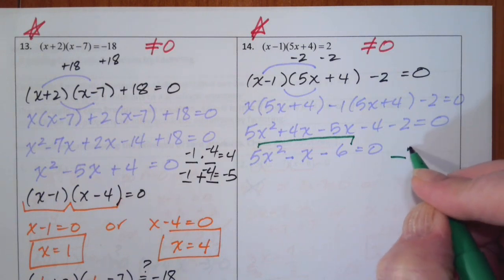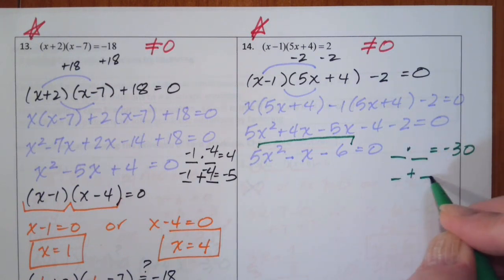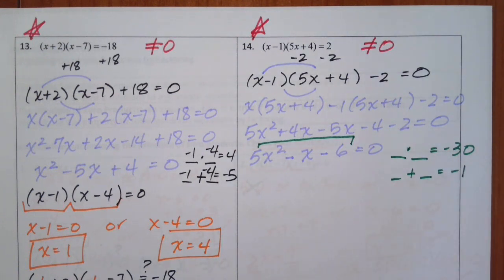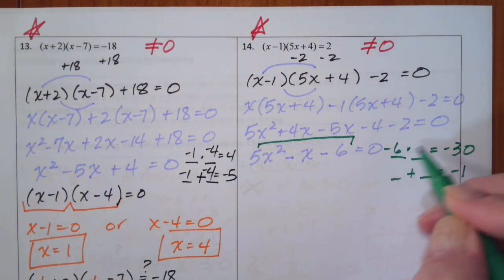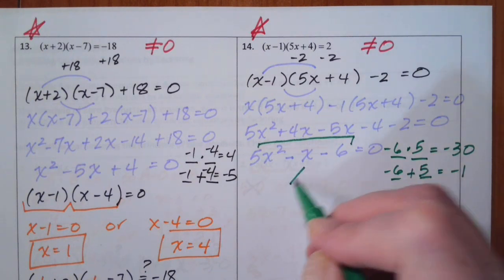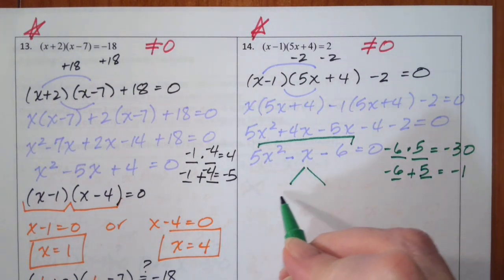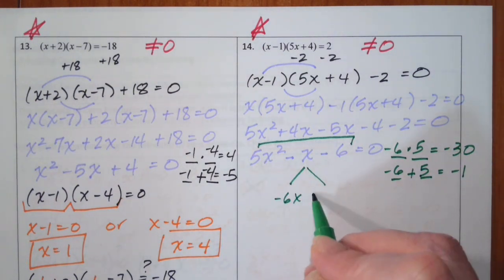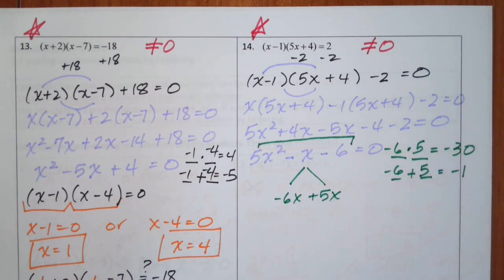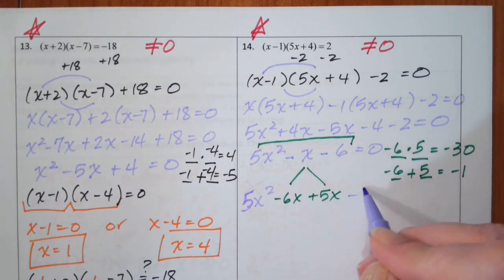So I'm looking for two numbers whose product is negative 30 and whose sum is negative 1, and they are negative 6 and 5. And I use that to split the middle term. So this becomes negative 6x plus 5x. Then I bring down the 5x squared and minus 6.